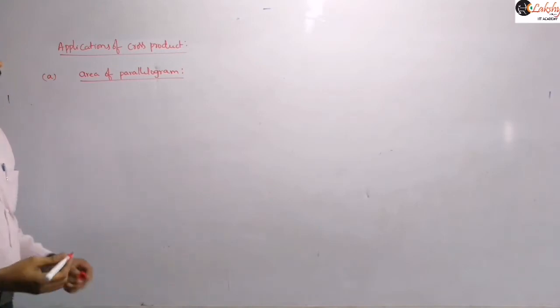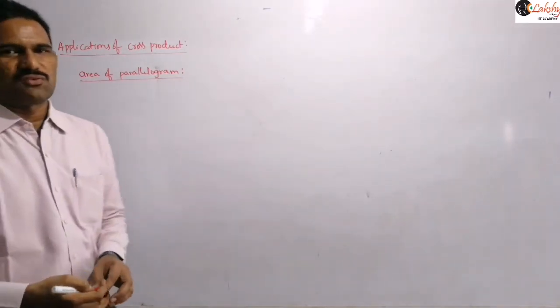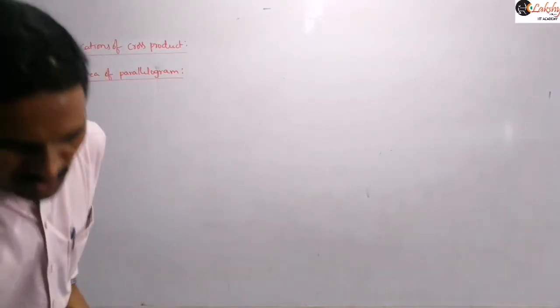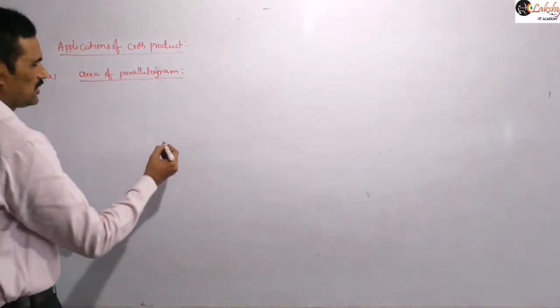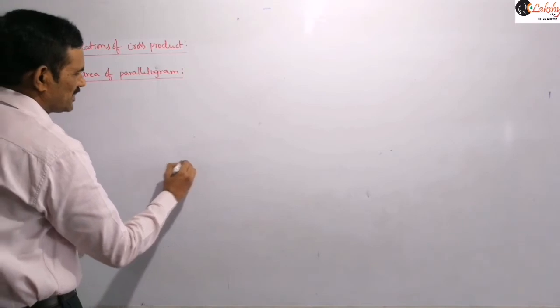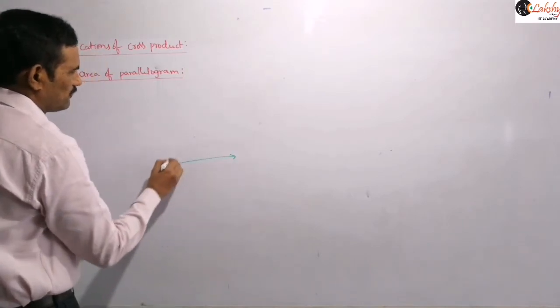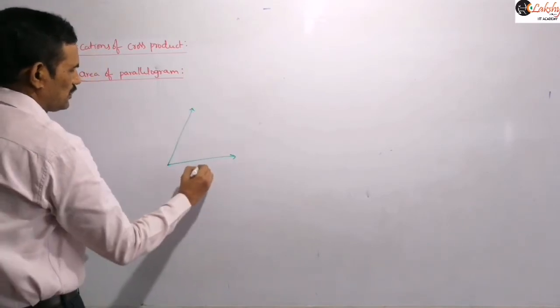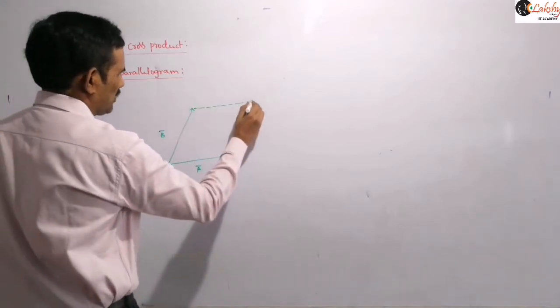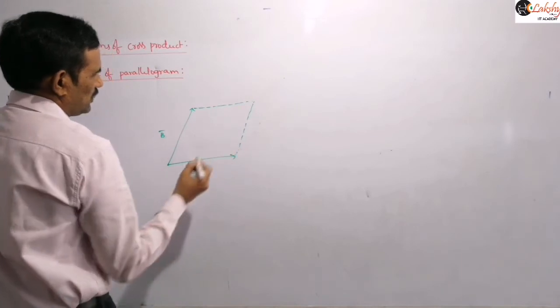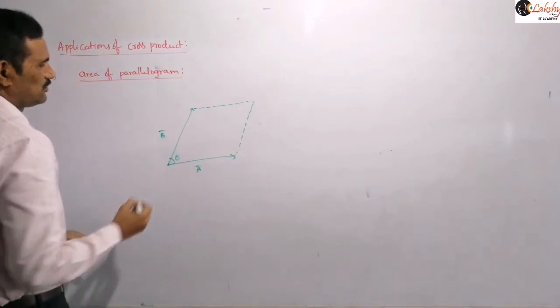That means with the help of the cross product of two vectors, you can find the area of a parallelogram. Suppose I am taking A bar and B bar as the two sides of a parallelogram. If A bar and B bar, these two vectors, are taken as the two sides of a parallelogram like this, such that theta is the angle between them, right?